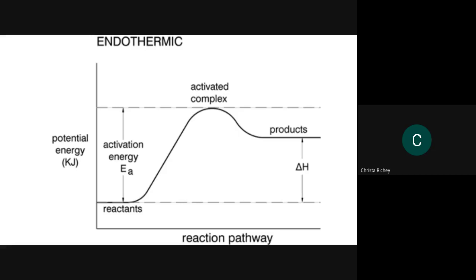So if the downhill part of the hump is more, then it's exothermic and it had to release energy to the environment to do its job. If the downside is bigger than the upside, this is negative. If the uphill is bigger than the downhill, then that's positive. Endothermics are positive and exothermics are negative.